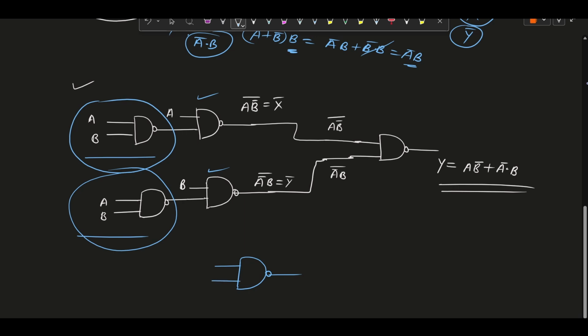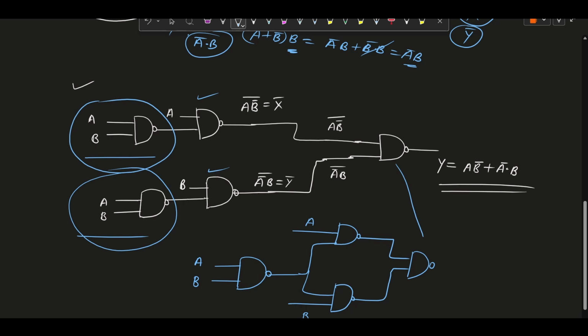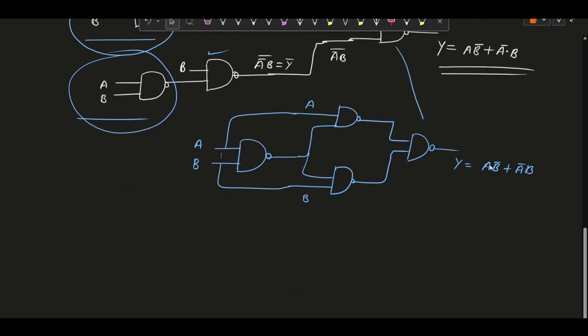So I'm again creating one final NAND implementation circuit that will work like an XOR gate. So here these are the two inputs, and we have seen here that the outputs of these NAND gates connect again to a NAND gate, and this input is A and this input is B, and the outputs of these two second stage NAND gates again connect to this NAND gate, and we will get here the output as A into B complement plus A complement into B. Okay, so we will connect this input through a common input also to give a clear look.